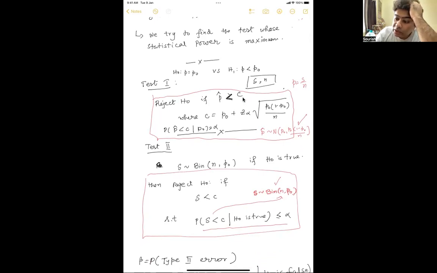If you do the math, it will turn out to be the probability Z less than Z alpha, for P naught equal to alpha. So now you are looking at the left tail test.